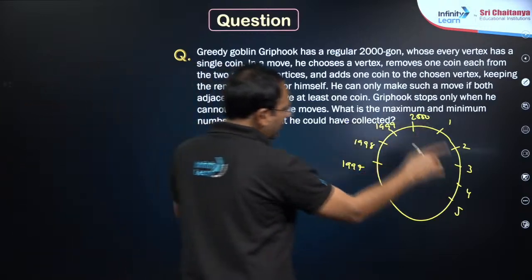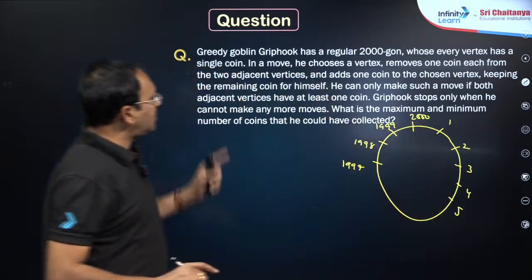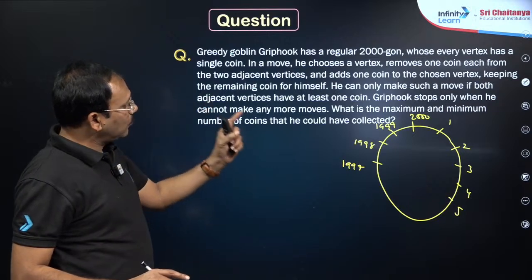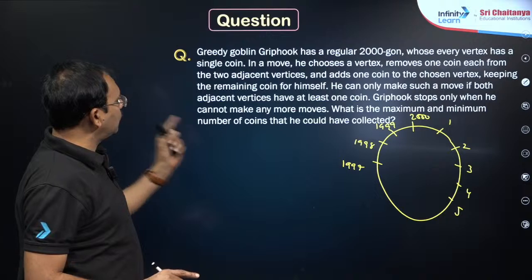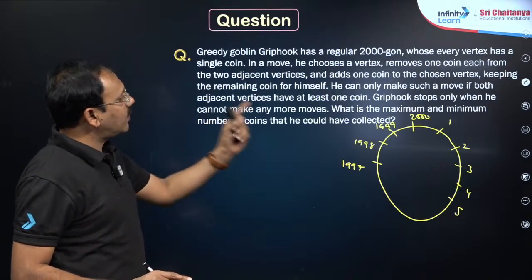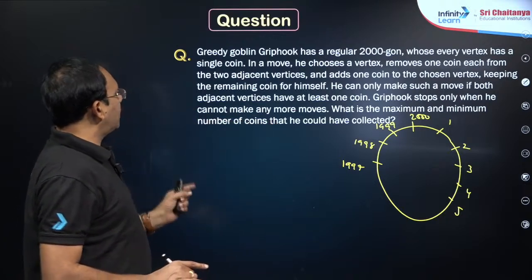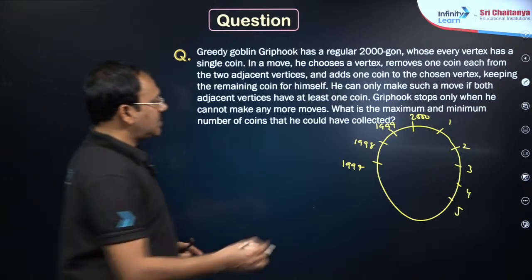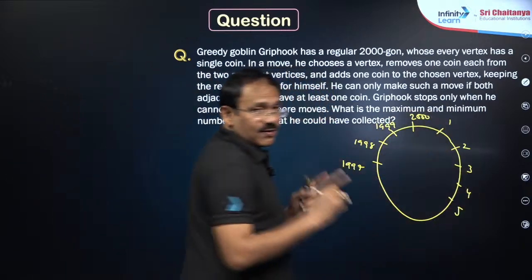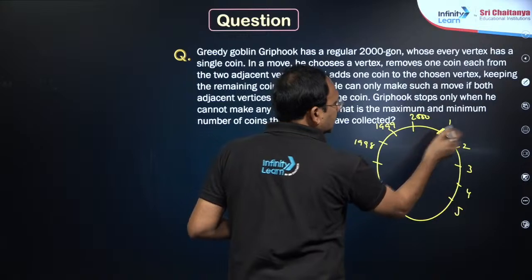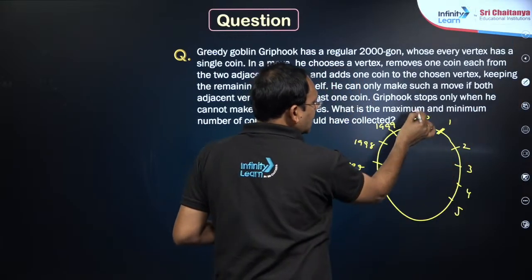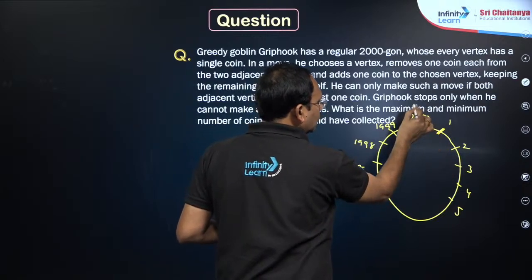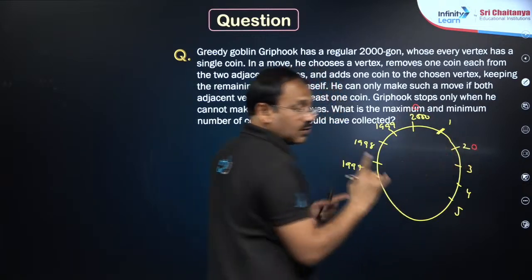So now everybody is having one coin, right, you see. So he removes one coin from each of the two adjacent vertices and adds one coin to the chosen vertex, keeping the remaining coin with himself. Now everybody is having one coin. Let us start from here, dear students. Suppose he takes coin from 2002, they are having 0, 0 now.